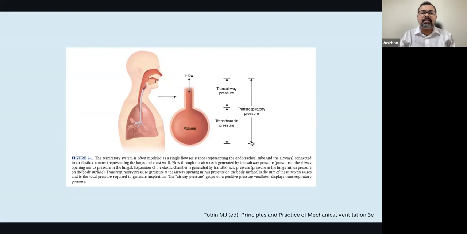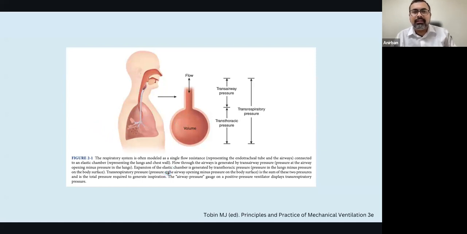Now, what is a trans-respiratory pressure? Trans-respiratory pressure is the pressure differential between the airway opening, the pressure at the opening of the mouth, or if you have an artificial airway, at the opening of that artificial airway, and the pressure on the body surface. Most of the time, it is the atmospheric pressure.